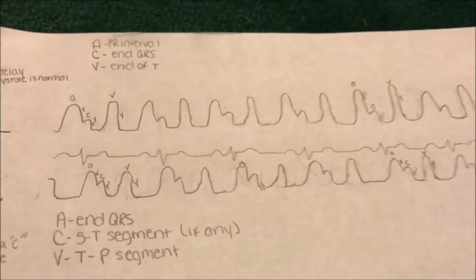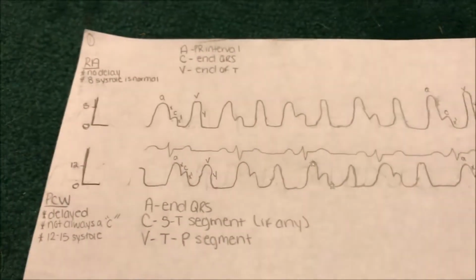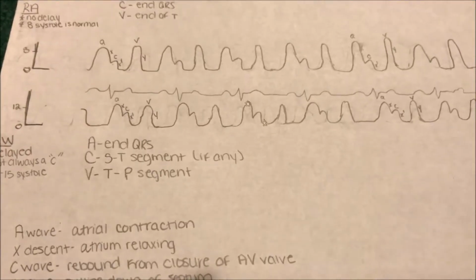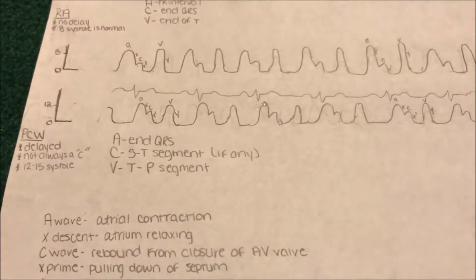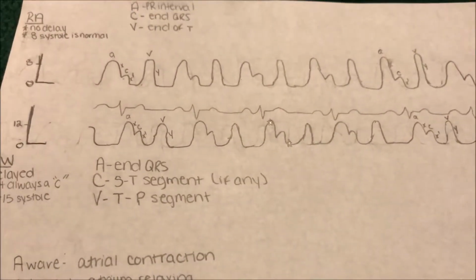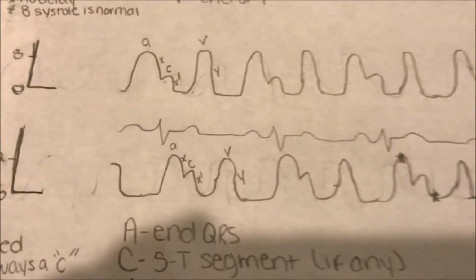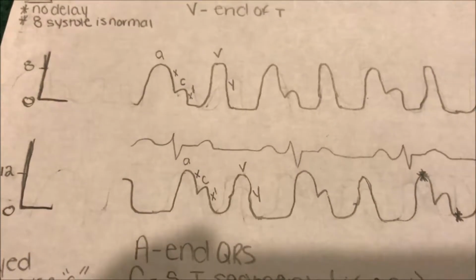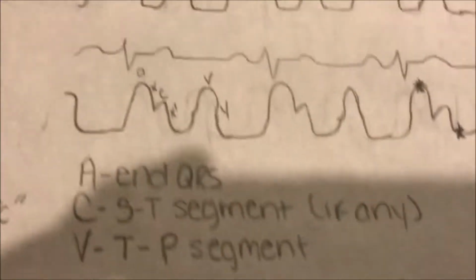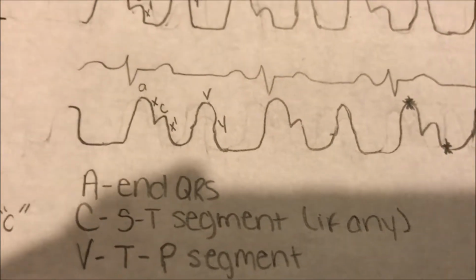When we have the left atrial waveform, it's actually called a PCW, a pulmonary capillary wedge. I will show that a little bit later. With the PCW, or left atrium, the A wave is going to be at the end of the QRS. If you see the difference, the A wave on the top is around the PR interval, and this A wave is at the end of the QRS.